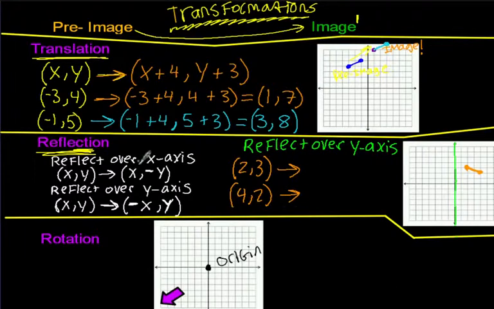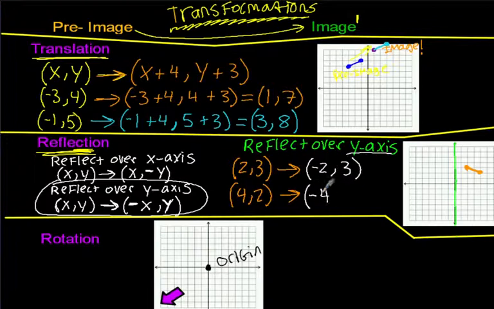And (4, 2), it's the y-axis, so we're going to reflect over the y-axis. We're going to use that rule. So (2, 3) turns into (-2, 3). And (4, 2) turns into (-4, 2). Awesome. And notice how it's reflected over, and it looks like it's flipped over the y-axis. And we have the pre-image, and then we have the image.